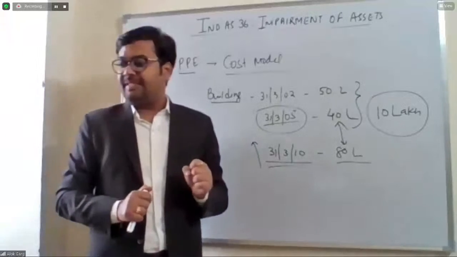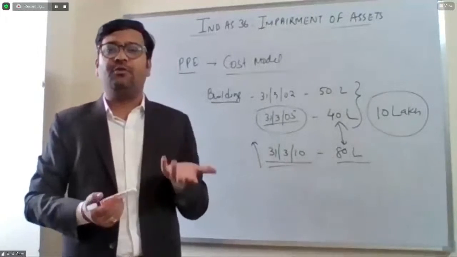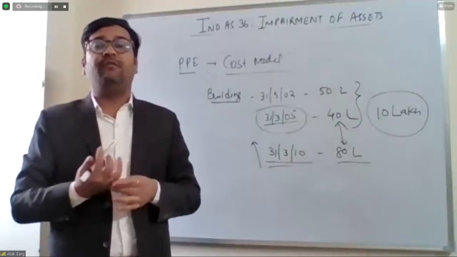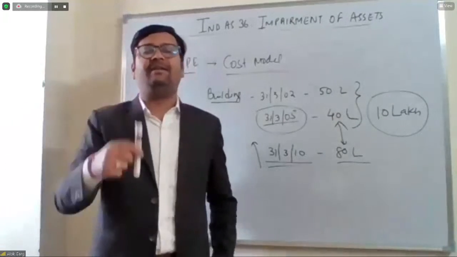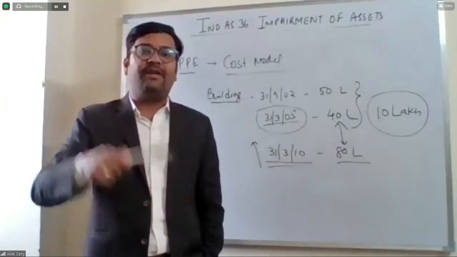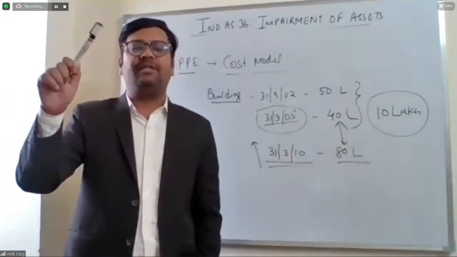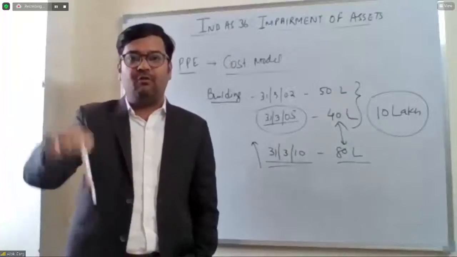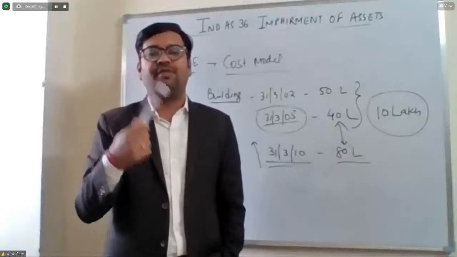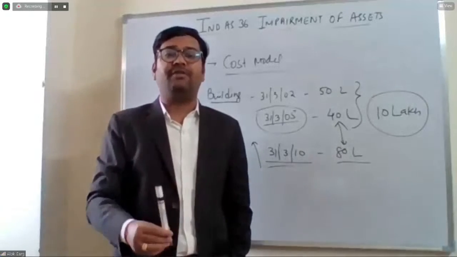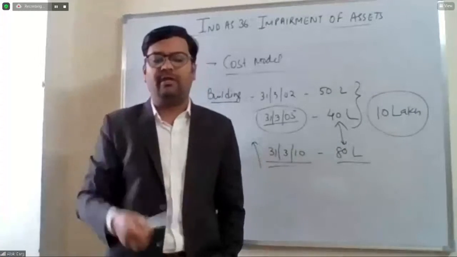Second, what could be the example of an external indicator? For example, if you remember, we have discussed the increase in the market interest rate. Whenever market interest rate increases, your value in use will go down, because the discount rate is associated with the interest rate, and whenever interest rate goes up, your value goes down.